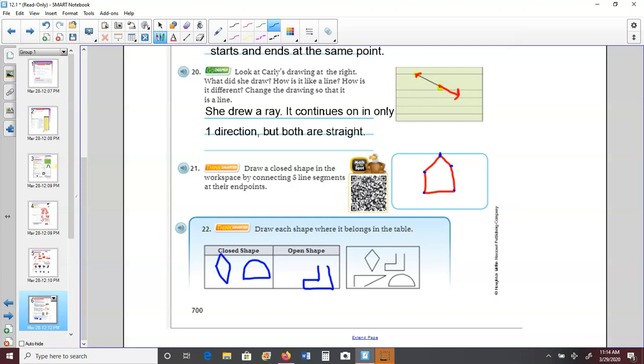I don't know, but it's open. There should be another line segment there to close it up. And then one that almost looks like it could be made into a triangle, but again, it's just left hanging. It doesn't close up. So those 2 would be open shapes.